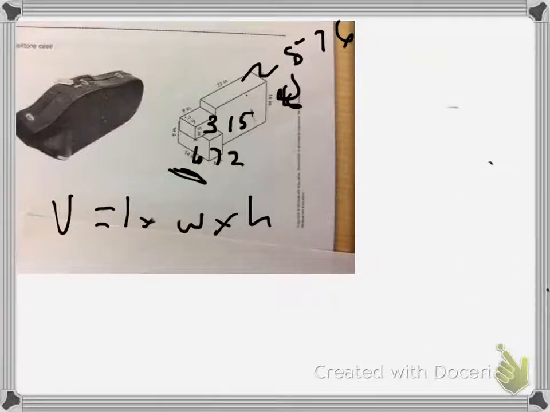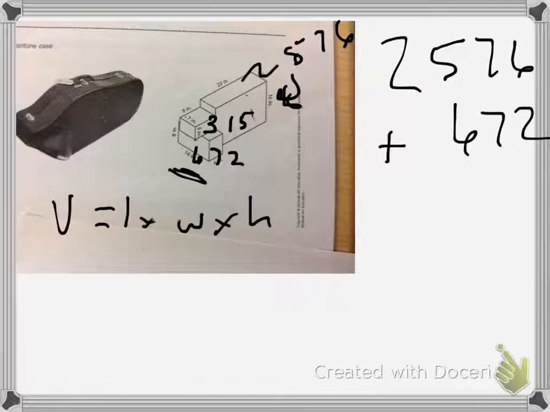Now we are going to add those up. Remember, to find the volume of each one, you have to multiply, and then you have to add all the objects up. In this case, we're adding 3 up. So we add 2,576 plus 672 plus 315.